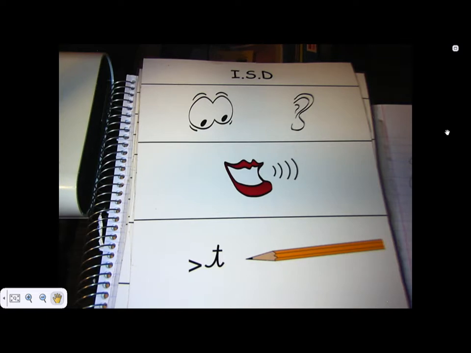M, echo, name, write. As in book. Echo, name, write. E, echo, name, write. B, echo, name, write. E, echo, name, write.